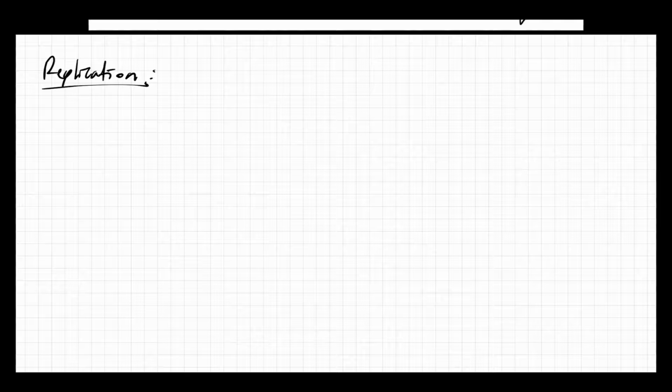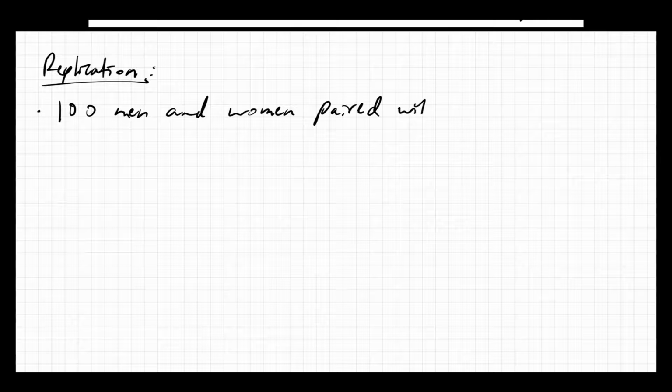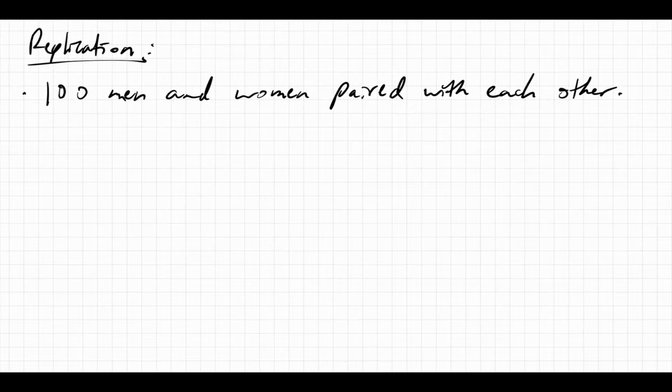Replication is numbers, right? So we're going to explain how many we have and how we're going to pair them up, how many times we're running the experiment. So 100 men and women will be paired with each other.